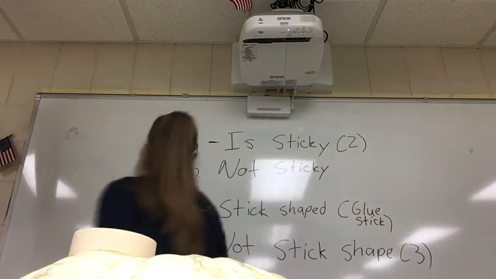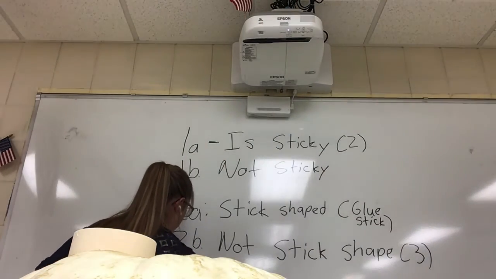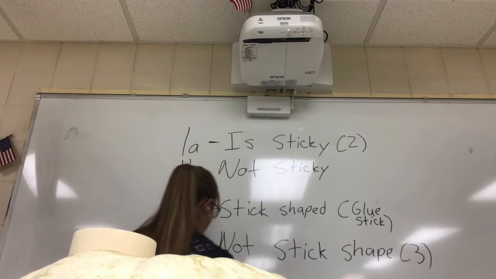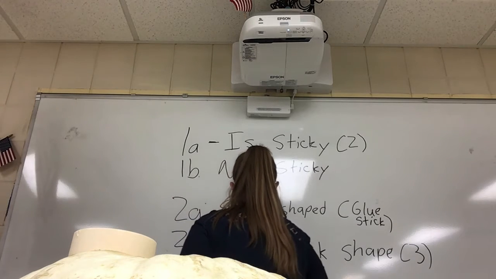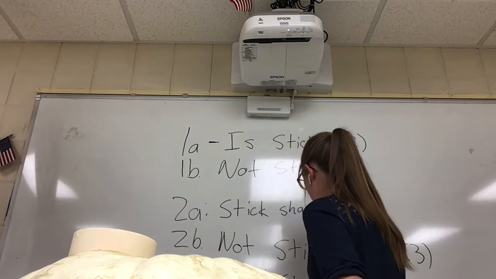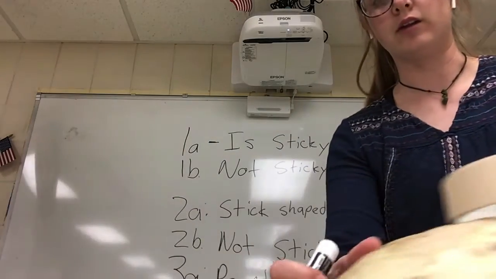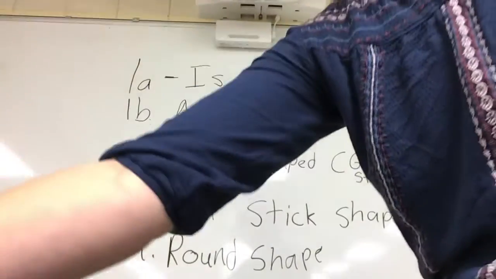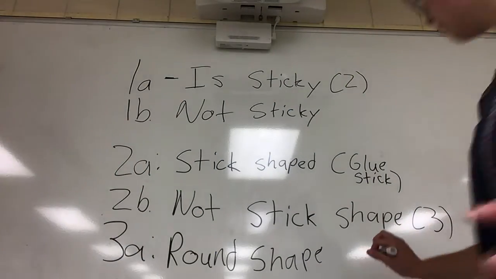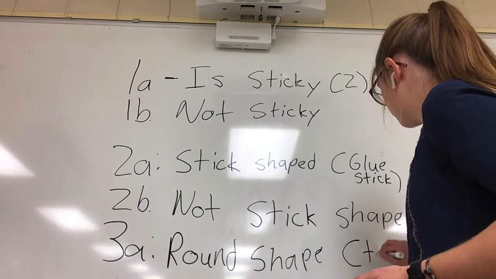So for 3a, I'm going to have a round shape. If it's a round shape, and you can't see that low down, sorry, let me move you forward. If it is a round shape, it is tape.